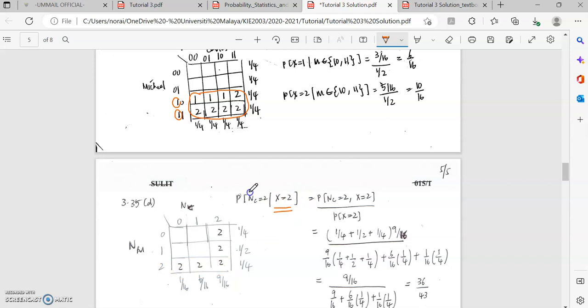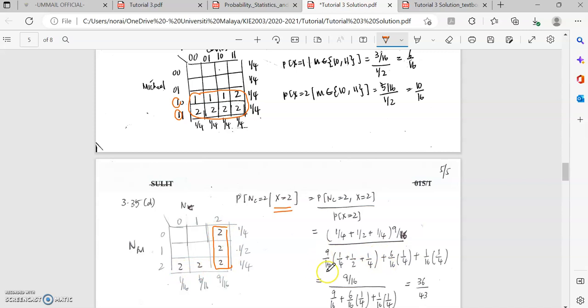The number of Carlos getting 2 heads is limited to this case, so you find the probability of this situation. You have 1 over 4 plus 1 over 2 plus 1 over 4 times 9 over 16, divided by the probability x equals 2, for which you add all the probabilities that give you this.